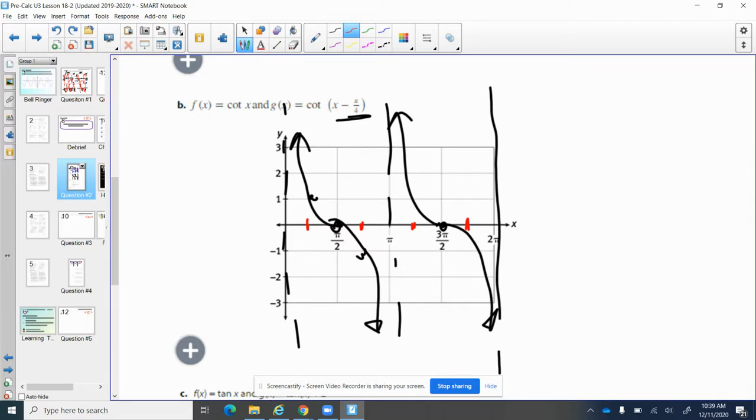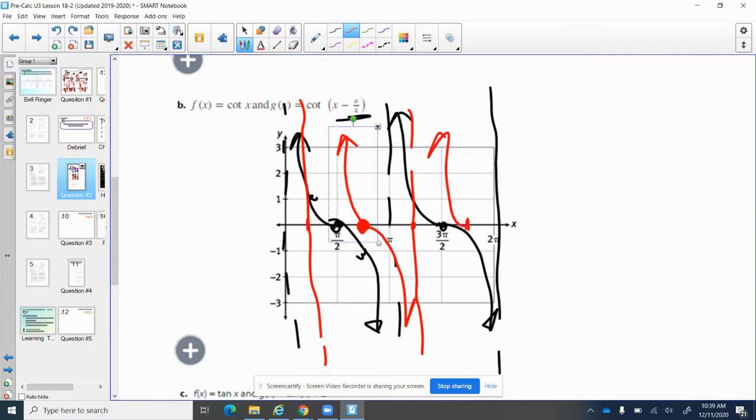So we're shifting this to the right now, and that means we also need to shift our vertical asymptotes to the right, pi over 4. So there would be our new function here with everything shifted just a little bit to the right, pi over 4 units.